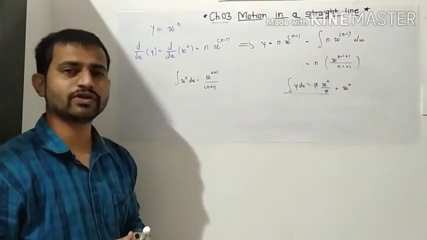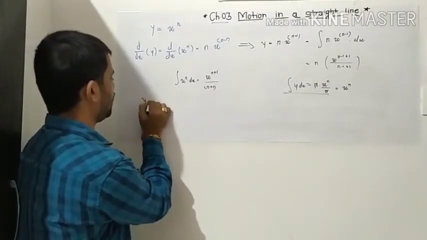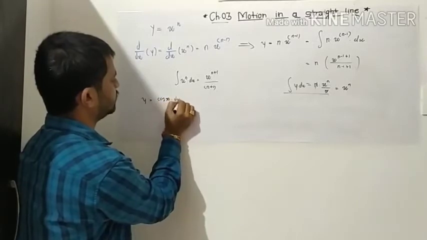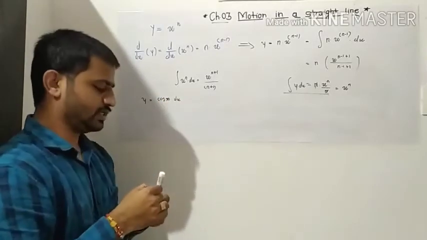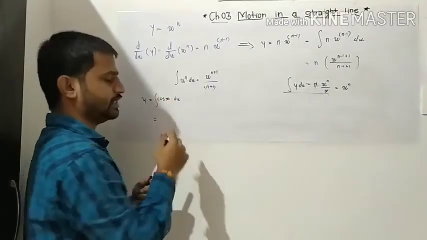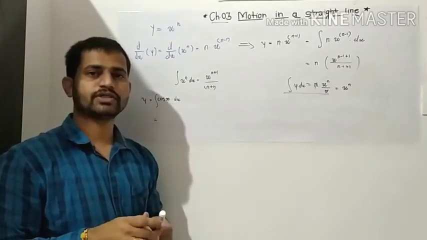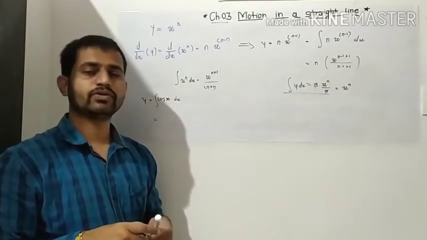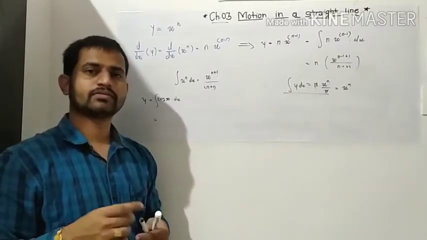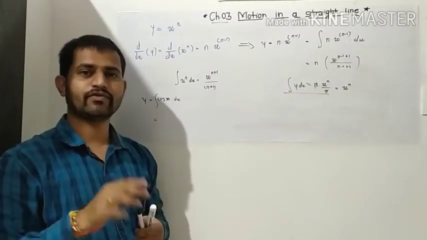Suppose we have to go for the integration of any term cos x. Okay, y is equal to cos x is the term given, cos x dx it is given. Then what is the integration of this term? We know the integration of cos x is sin x, because cos x is the derivative of sin x.